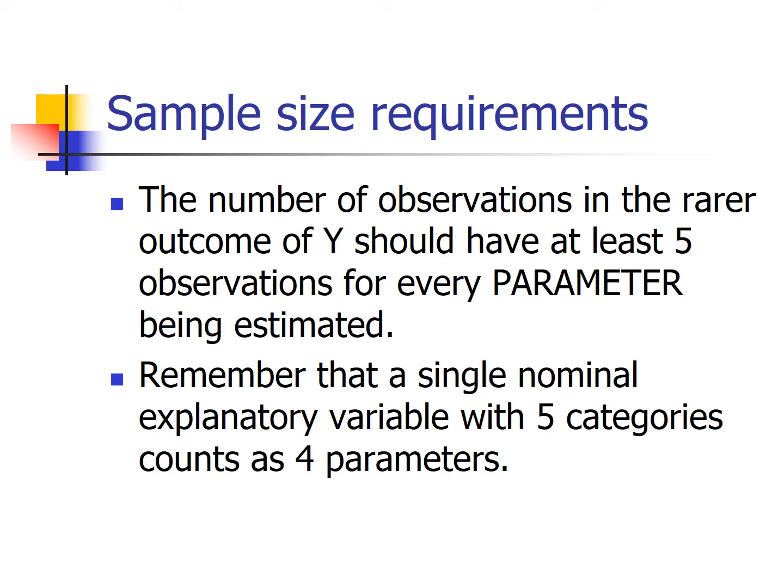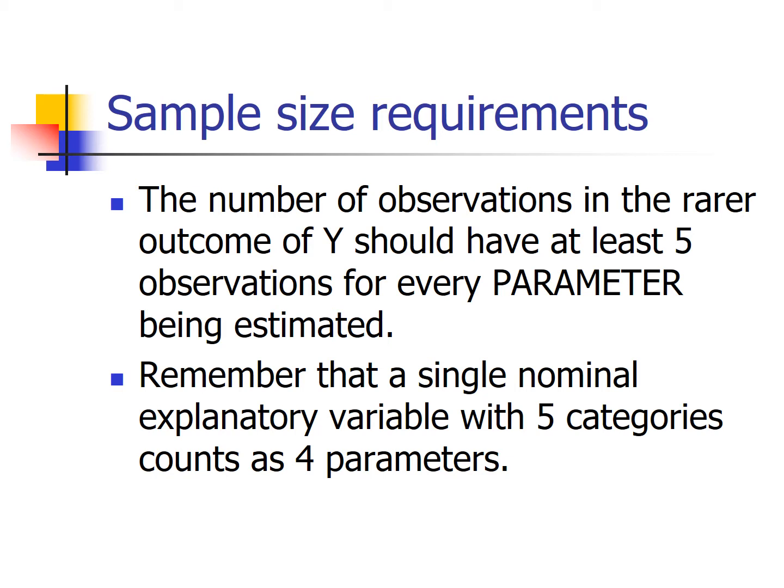Now, the recommended sample size requirement is that the number of observations in the rarer outcome of y should be at least 5 for every parameter being estimated. So this is a function of what's going on with the y variable and how many variables are in our model.